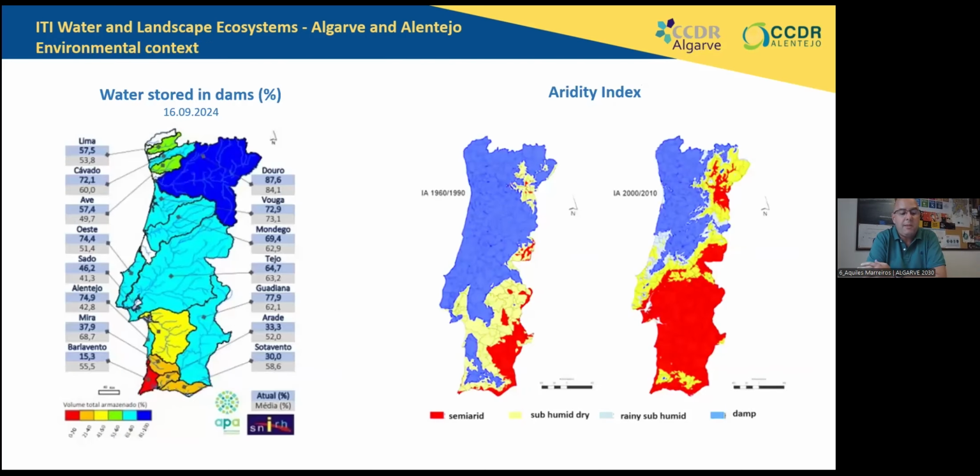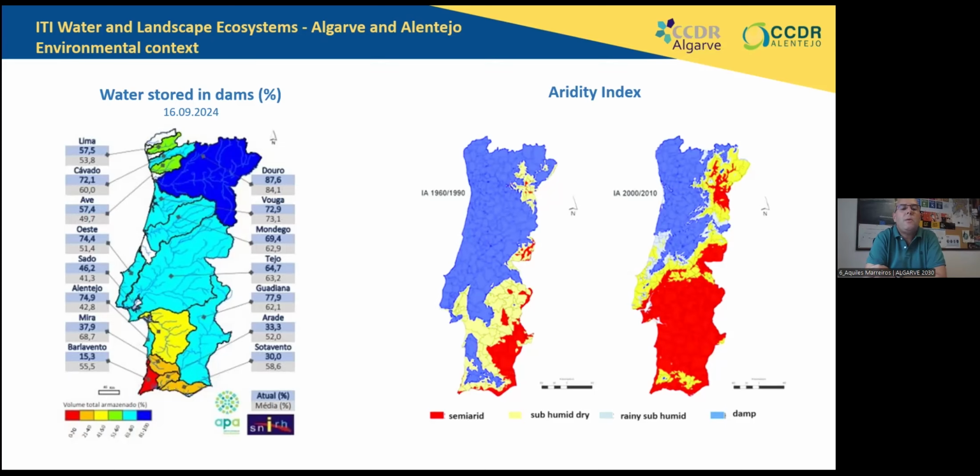We are facing a thematic ITI, completely focused on the environmental issues and mainly on water themes and landscape ecosystems.